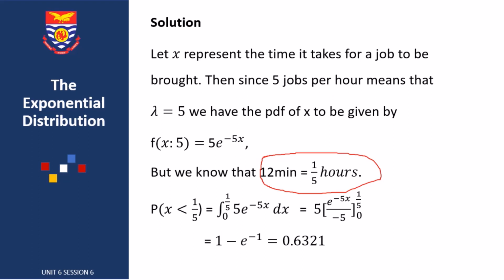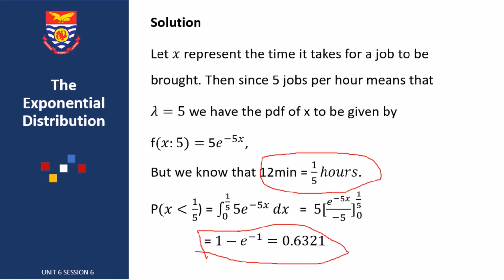That's X is less than 12 minutes, or X is less than 1 over 5 hours. So we're going to integrate from 0 to 1 over 5 the function 5e exponent minus 5x dx, and substituting in the values and working the algebra very well will give us 1 minus e exponent negative 1. That gives a total of 0.6321.